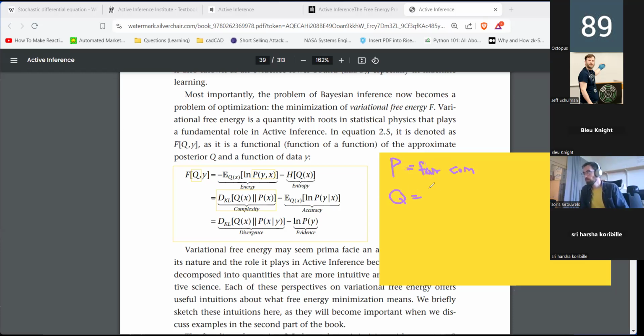So Q is going to be the biased coin. And P is the distribution where heads has a probability of 50-50 and tails has a probability of 50-50.